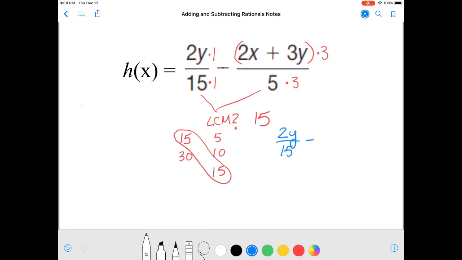Minus, and now we're going to distribute that 3 into 2x plus 3y. So 3 times 2x is 6x. And 3 times 3y is 9y.